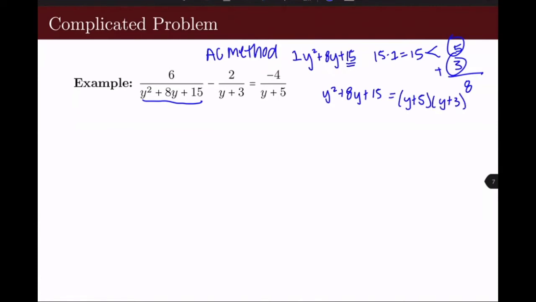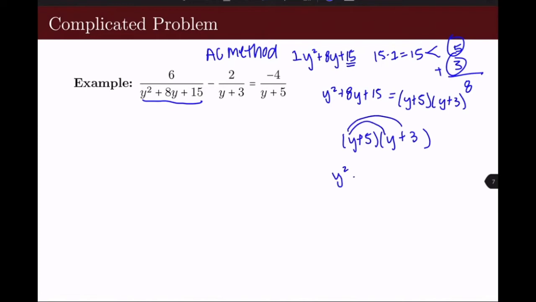I'm going to now briefly explain why this is true. If you would like to skip forward in the video because you remember how to factor, go ahead. If not, stay with me for a second. So we have (y plus 5) times (y plus 3), yeah? So multiplying across, I'll have y times y is equal to y squared.